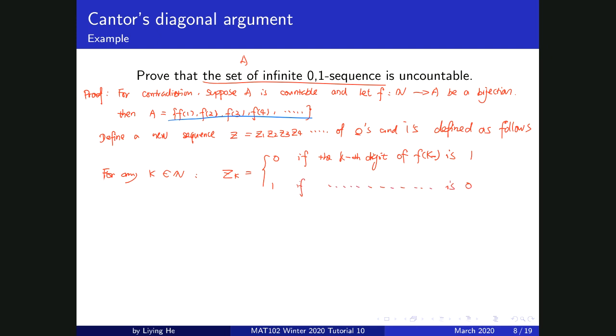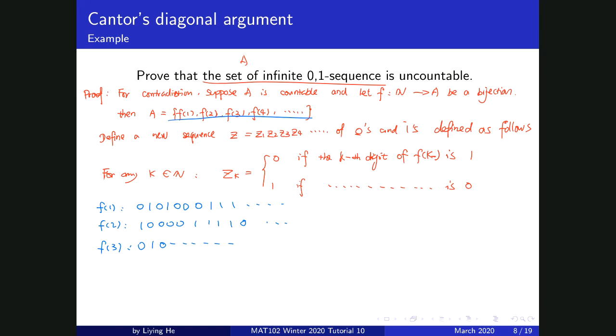So what I'm doing here is this. Let's suppose that f1 is a sequence like 0, 1, 0, 1, 0, 0, 0, 1, 1, 1, something like this. F2 is a sequence like 1, 0, 0, 0, 0, 1, 1, 1, 1, 0, something like that. Just make something up.